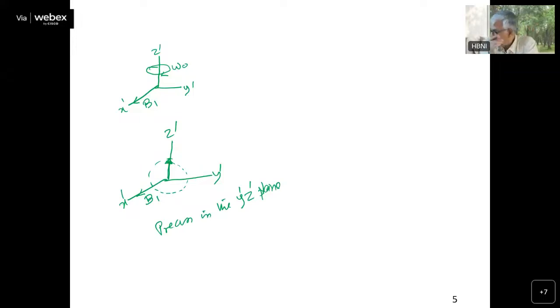Now let us see how we detect the NMR, how to see the resonance.